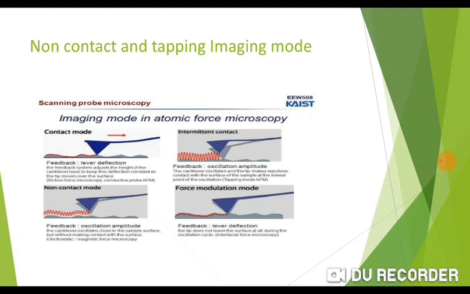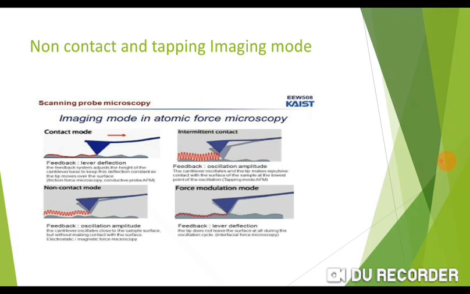Last one is the tapping imaging mode. It is also called intermittent contact mode or dynamic force mode. In this type, the stylus intermittently touches the sample surface. Therefore, this mode is called tapping mode.